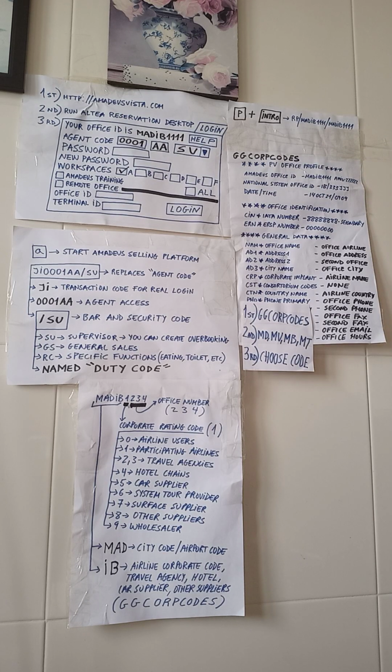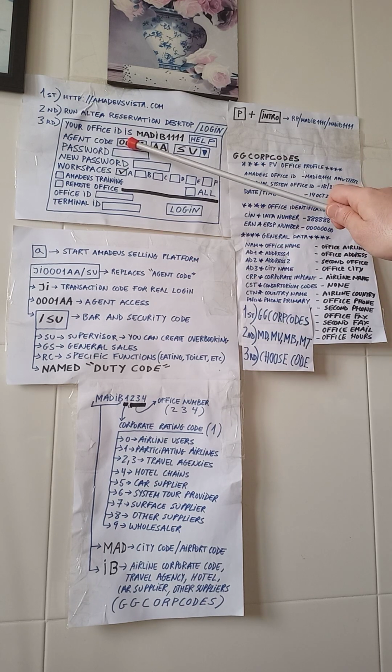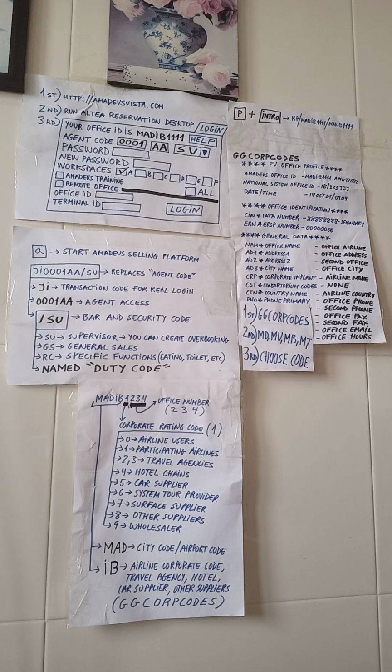Let's go. In the agent code, you have to fill in a 4-digit code and a 2-letter code. The 2-letter code usually consists of the first letter of the agent's name and the first letter of the agent's last name.